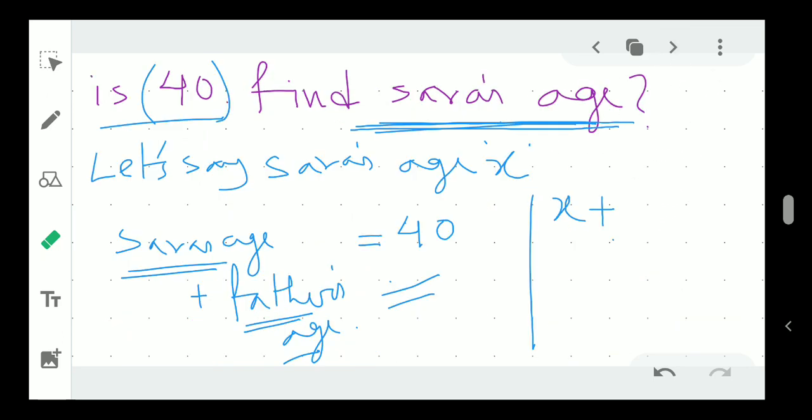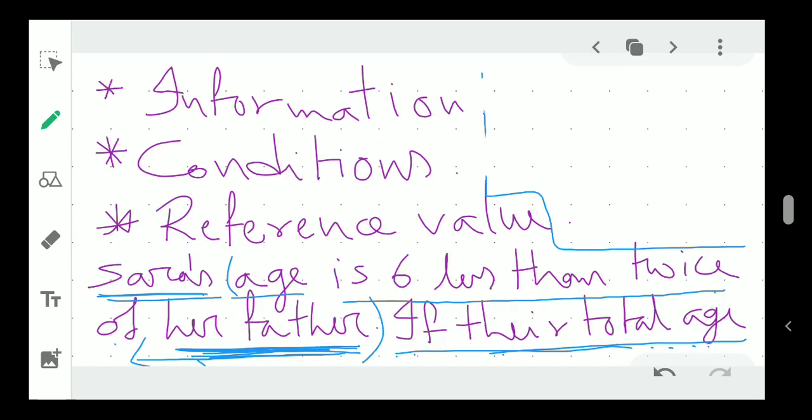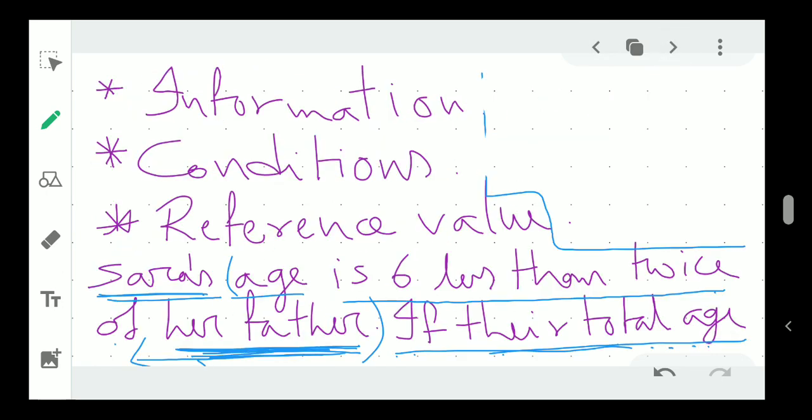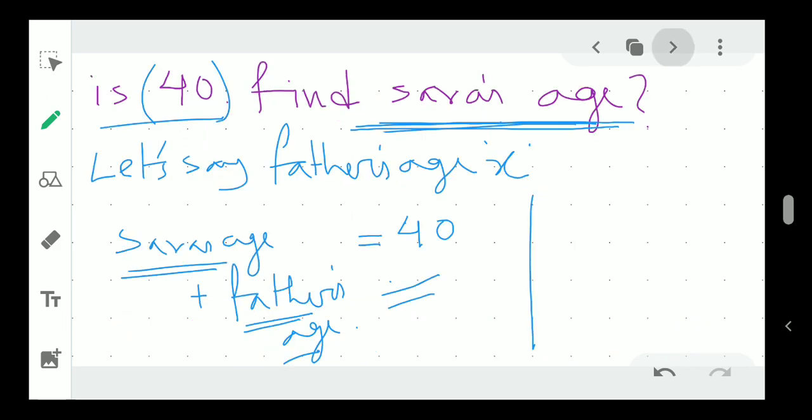You can simply take the father's age to be X. Now your calculation is very easy. See, if father's age is X, then Sarah's age will be what? Twice of her father minus 6, that is 2X minus 6. This is Sarah's age, and her father's age is X. Right?